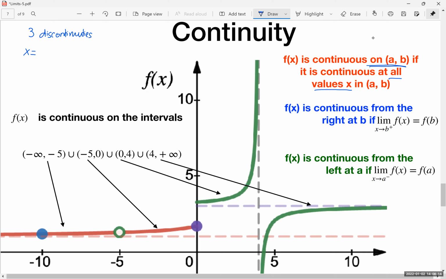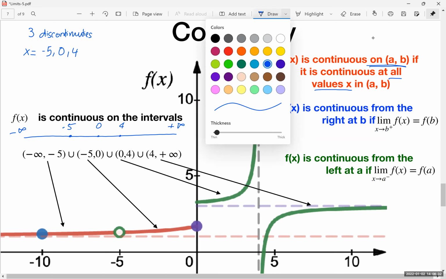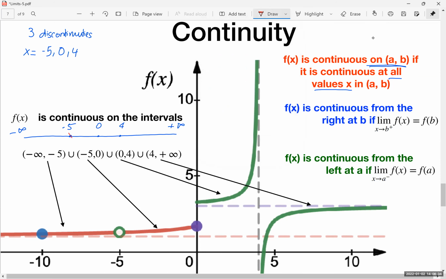Those are x equals -5, 0, and 4. Then you will draw a number line, -infinity to +infinity, and you plot the three discontinuities on this number line. And we know that the function is discontinuous at those points, which means you can cross them out.